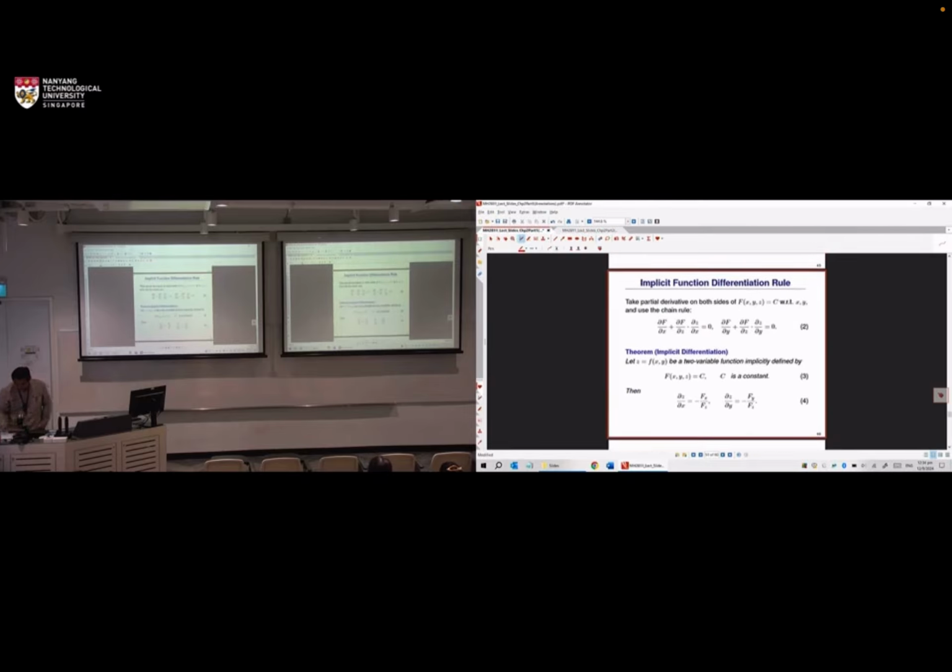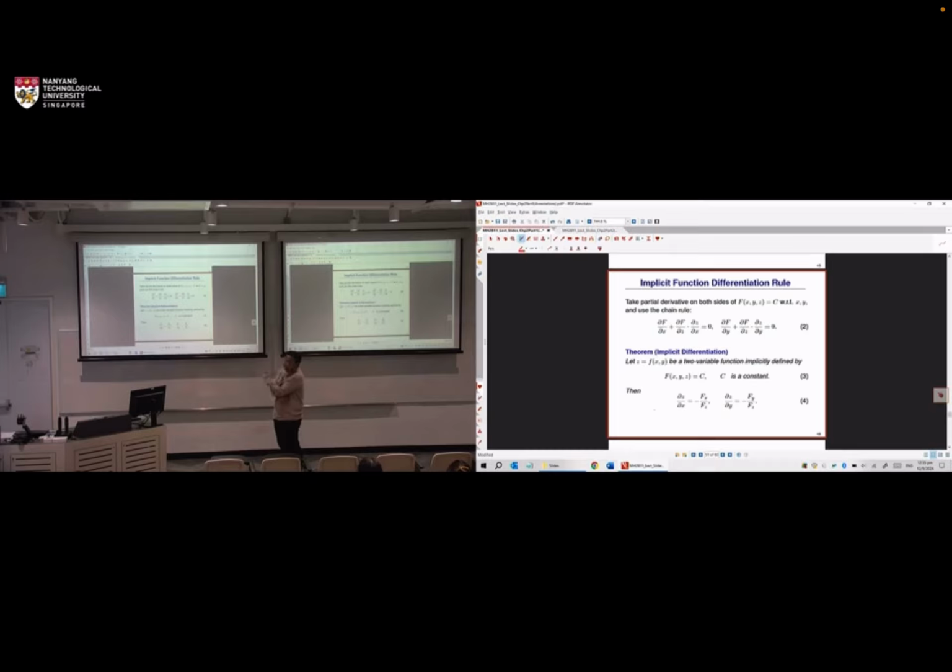Implicit function differentiation rule. Take the partial derivative on both sides of big F equal to c, and at the same time use the chain rule. Equation number 2 seems very friendly, very mild, very approachable.